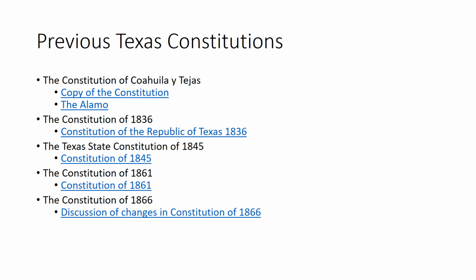The new Constitution nullified the ordinances of secession. The state lost the right to secede in the future, repudiated war debts incurred by the state, and included the abolition of slavery.